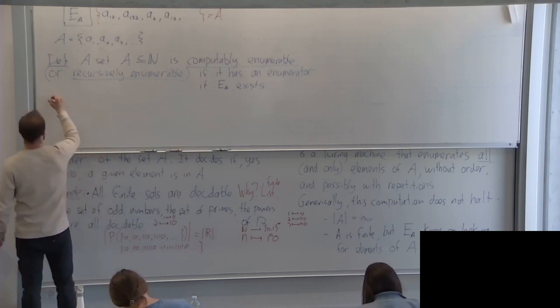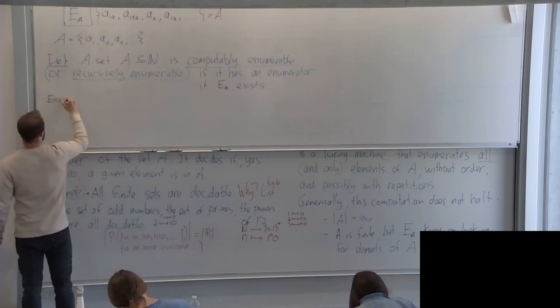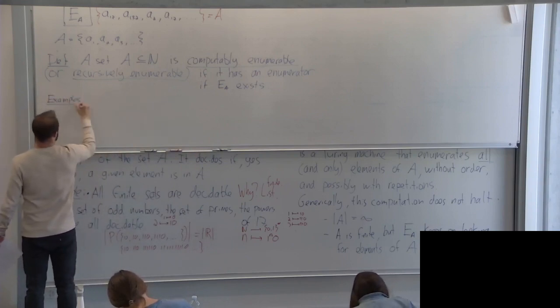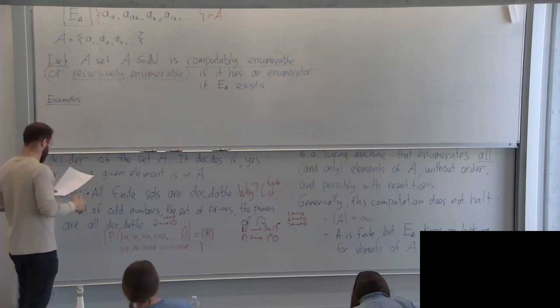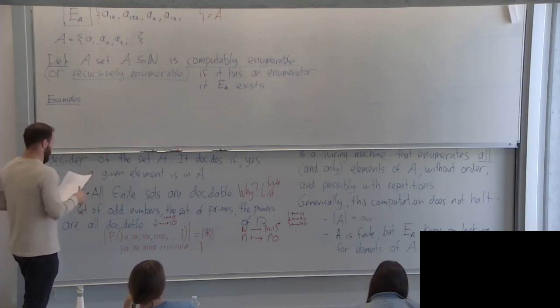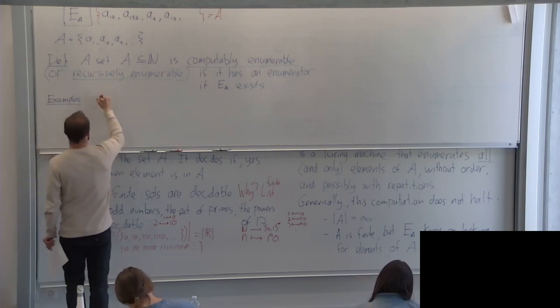Examples. The following sets are computably enumerable.